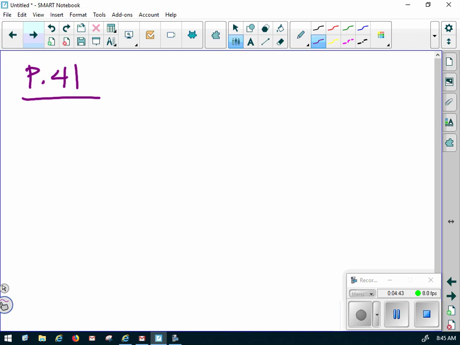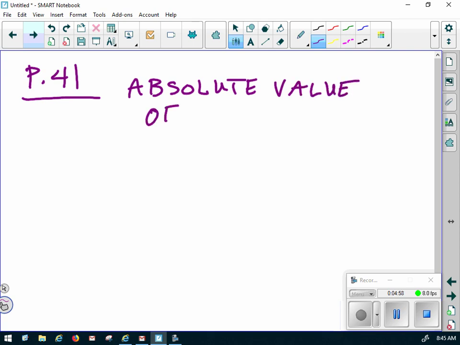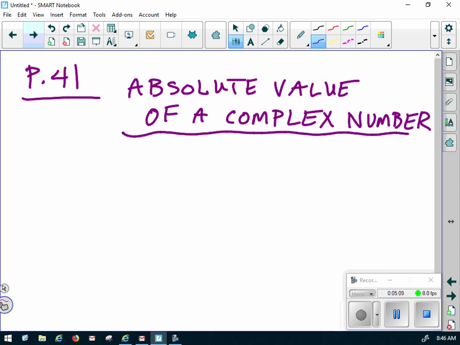Wherever you stopped, right below that, I want you to write absolute value of a complex number. We're going to do a little practice.